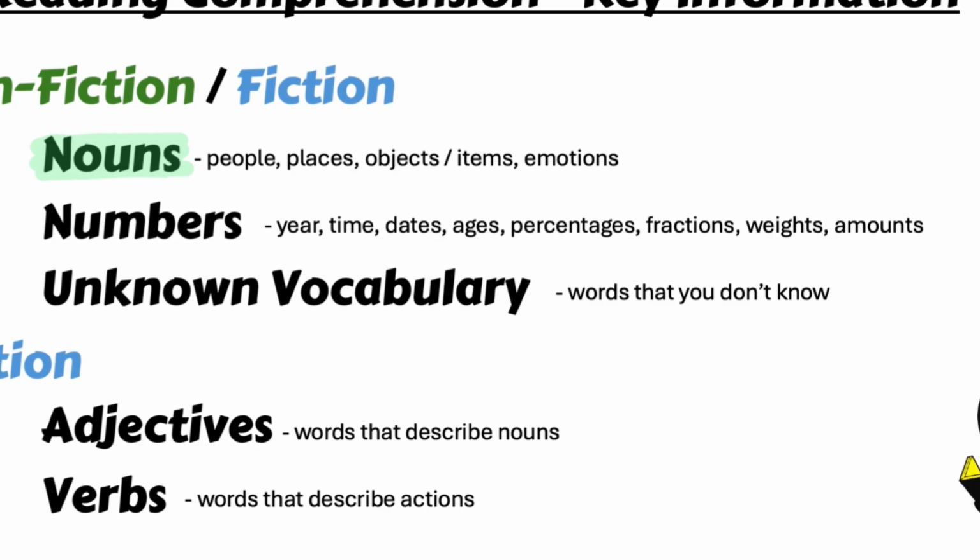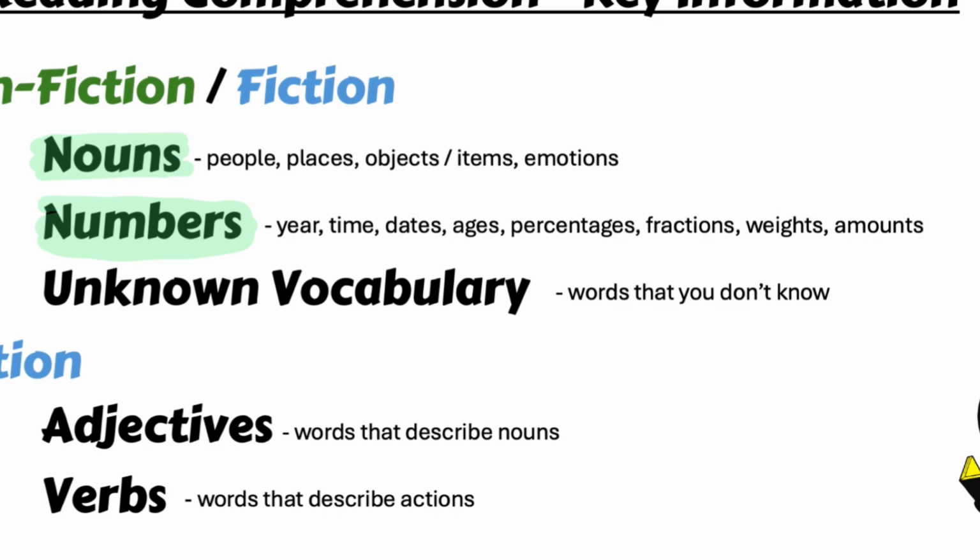The next thing in a text that we're looking for are numbers. And these are going to crop up more often in non-fiction. So you might have a report about, I don't know, starfish. But within that report about starfish, there's probably going to be some numbers, some details about starfish in particular.